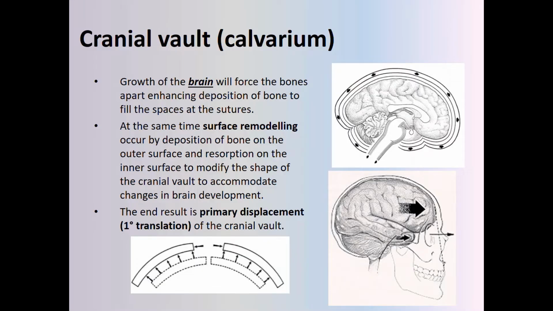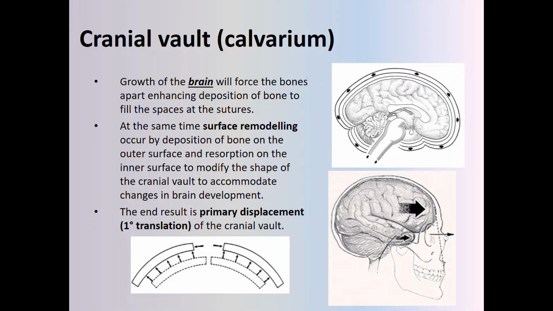Now what happens, as we said, the brain will increase in size. This brain will push the covering bones apart, and that will produce tension in these sutural areas, and that will enhance bone formation. The bone will be pushed apart and pushed outward, and this is what we call primary displacement or translation of the cranial vault.